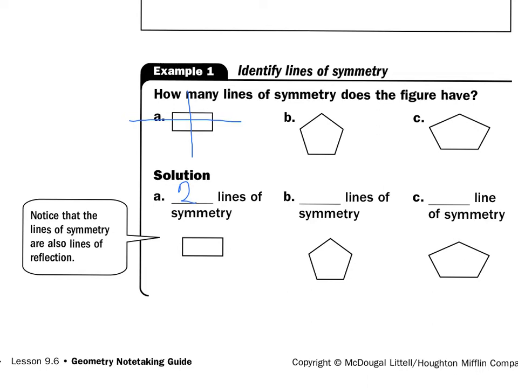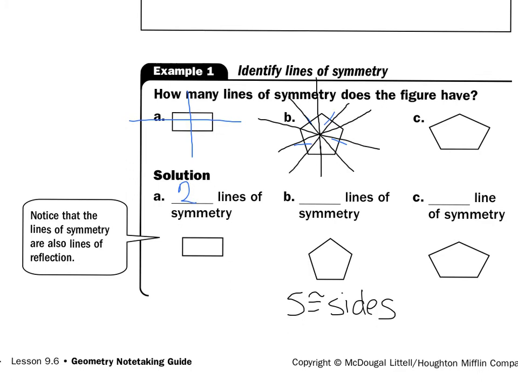We look at this pentagon, and I'm going to go ahead and tell you that, yes, this is a regular pentagon. So if it's a regular pentagon, since it has 5 congruent sides, that's how many lines of symmetry it's going to have. So 1, you can go through all the vertices, 2, 3, 4, and 5.